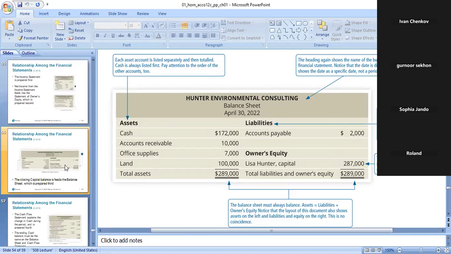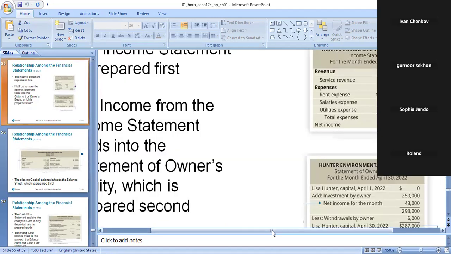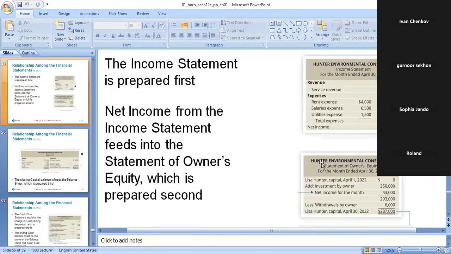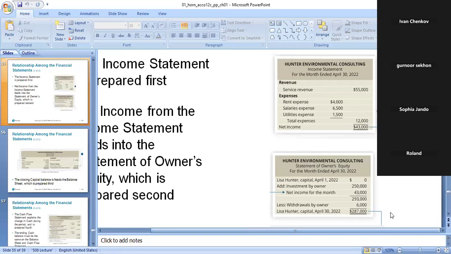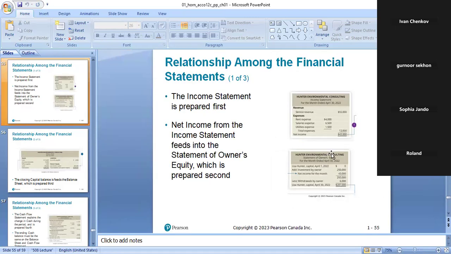Now, what's the relationship between the statements? From the income statement, that's why the income statement comes first, we're going to get that income and plug that income into the owner's capital. Once we increase the owner's capital with the income, we're going to calculate the owner's balance of his capital.